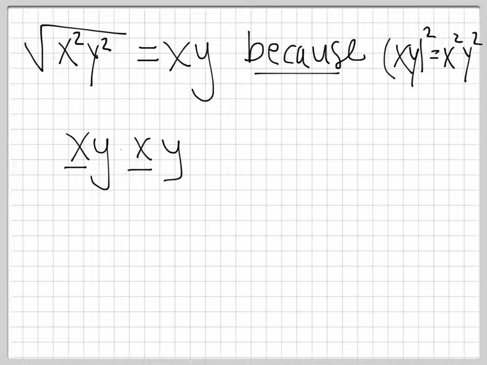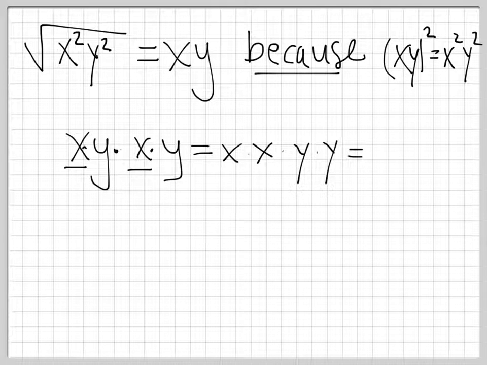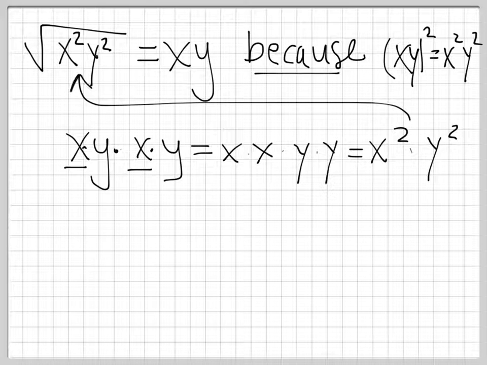Remember, the order you multiply in, if you have 4 things here being multiplied, right? You can multiply them in any order, so you get x times x times y times y, which is definitely x squared times y squared. And so when you squared xy, you got what was underneath the radical.